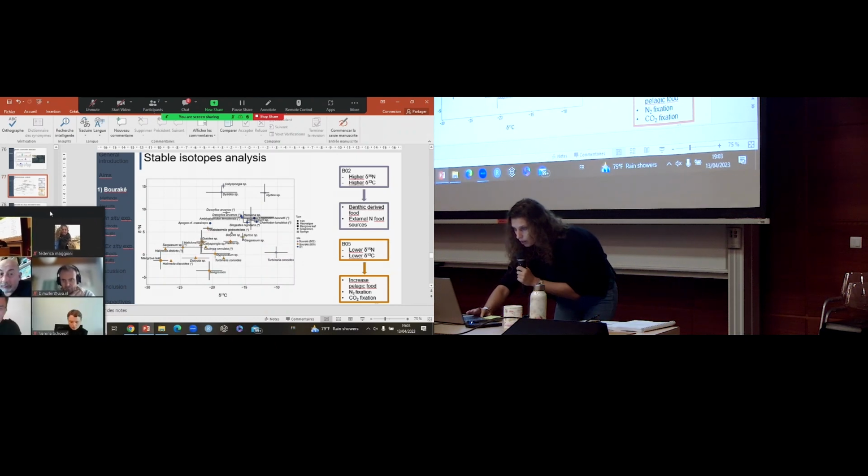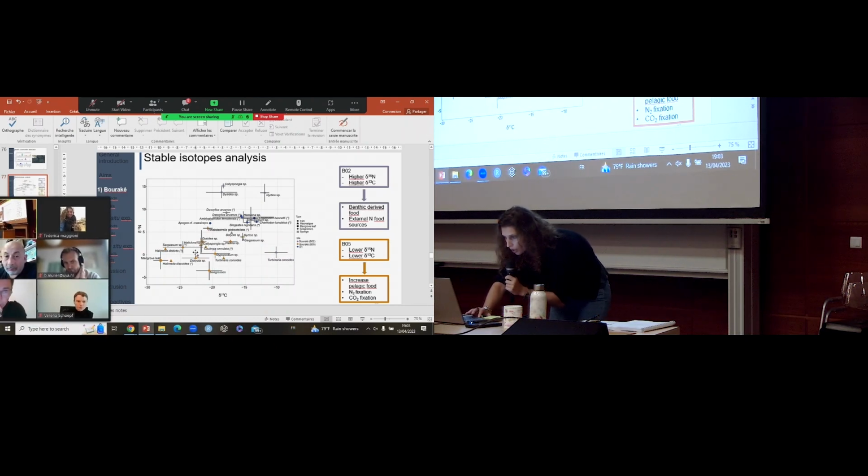Here, for example, the orange is the innermost part of the lagoon, while the violet is the outermost part. So we see a real difference in carbon and also nitrogen incorporation. We have more negative carbon 13 and also more negative nitrogen 15 inside the Boracay Lagoon compared to the outer lagoon.